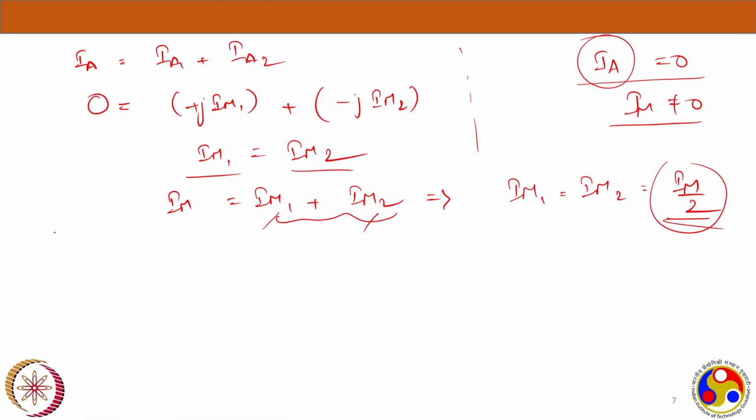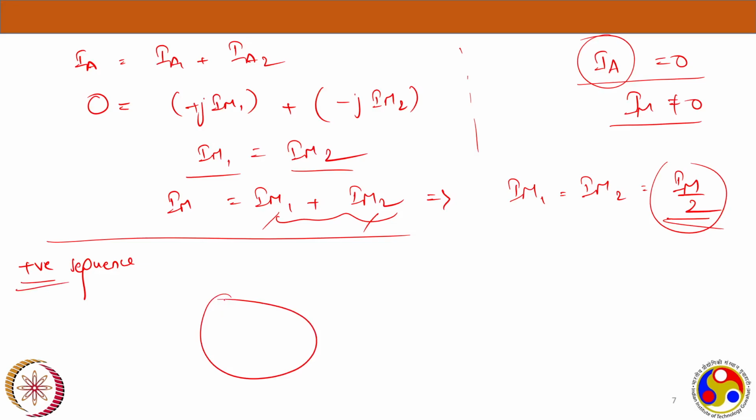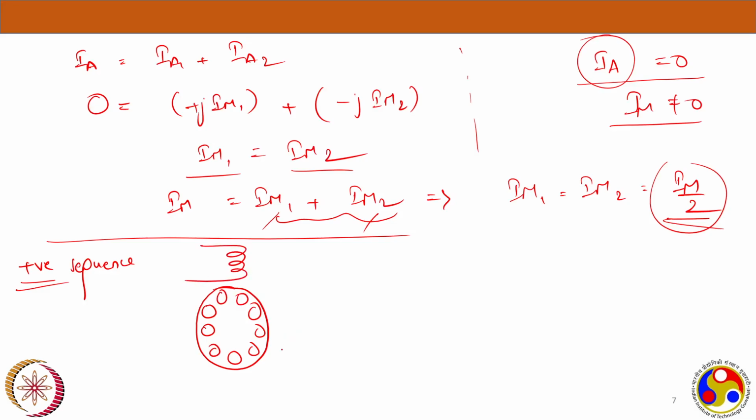So now let me consider just my positive sequence, and I have a rotor here. Now this is a cage rotor.